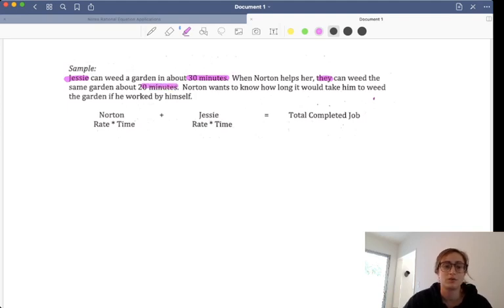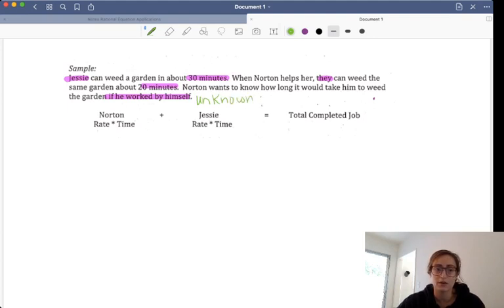Norton wants to know how long it would take him to weed the garden if he worked by himself. Okay, so my unknown here is how long will it take Norton himself.